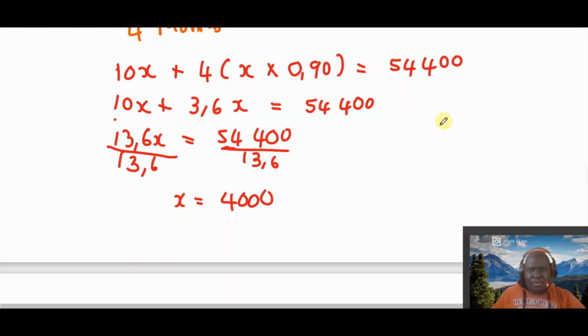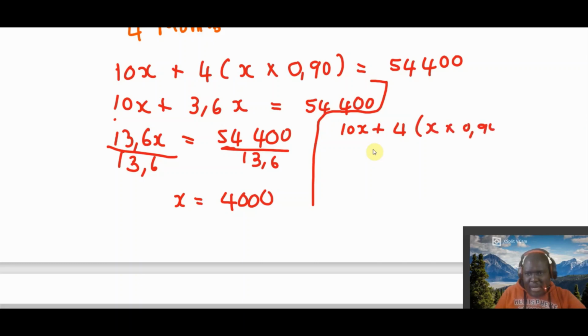So maybe we can try to rewrite this equation here and just substitute and see if we will get this total. So I'm going to do that. So remember, it's 10x plus 4 into x times 0.90, where x is 4,000.